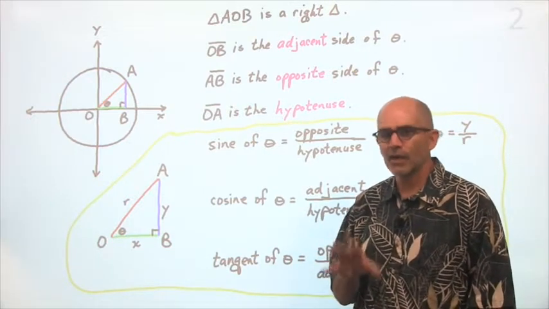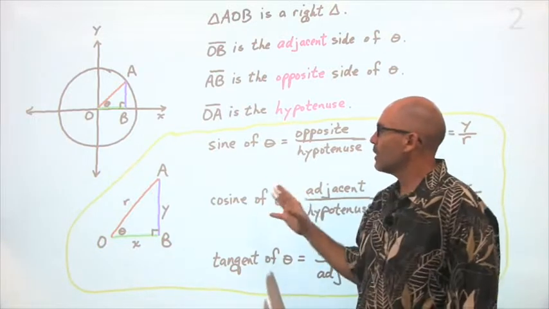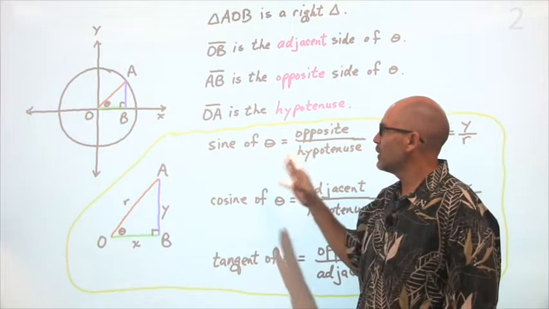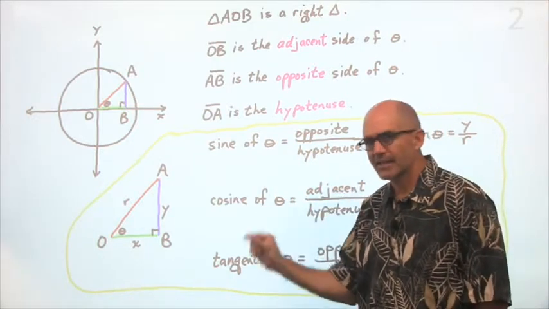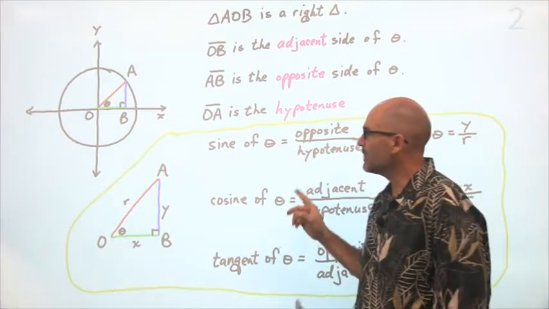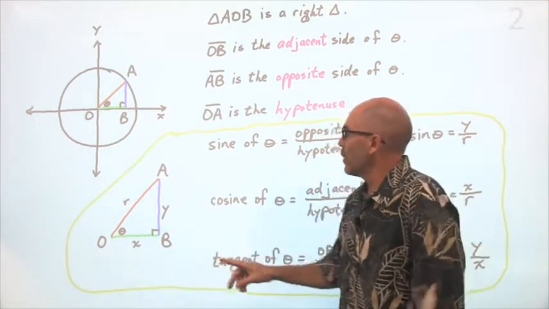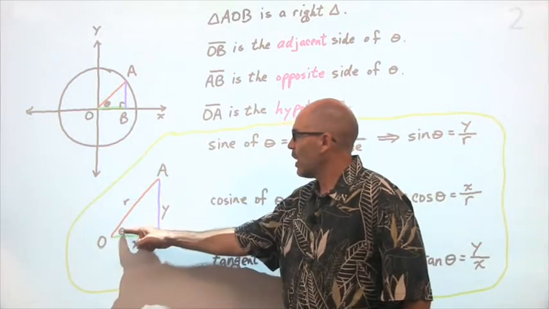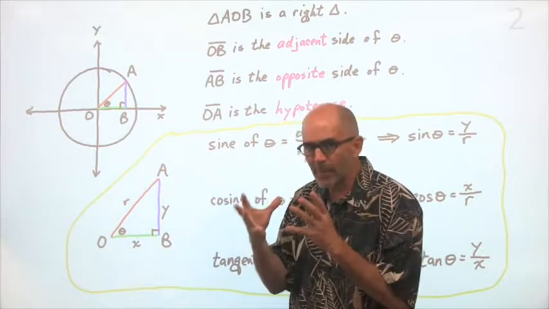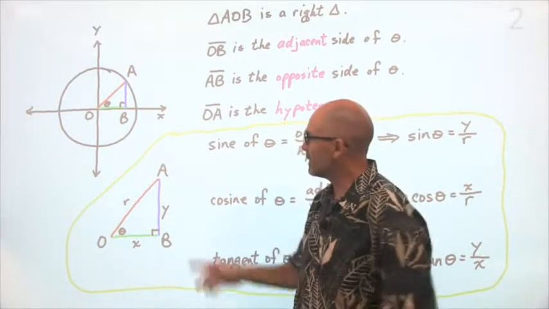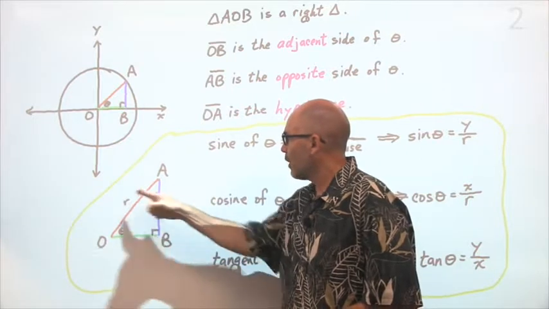It may have been a good way when you were brand new to it, but what I want you to do now is not think of them as words, sine, cosine, tangent, but as positions. When you see the sine of an angle, you automatically think opposite over hypotenuse. You don't think the words opposite and hypotenuse. You just think, okay, here's the angle, I go blue over red.